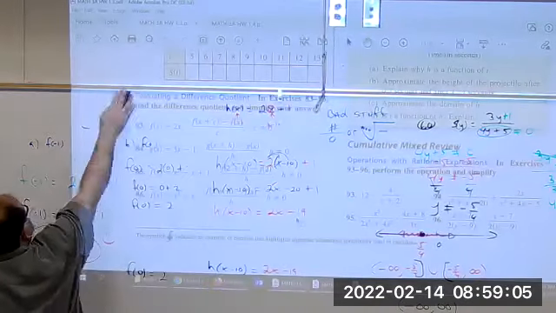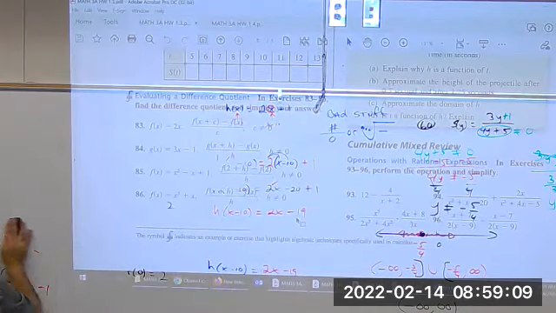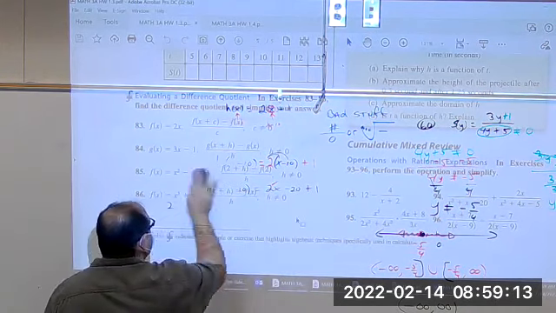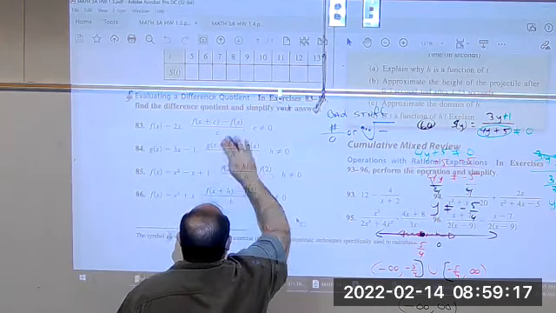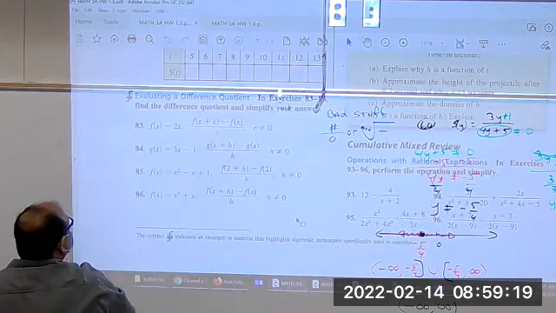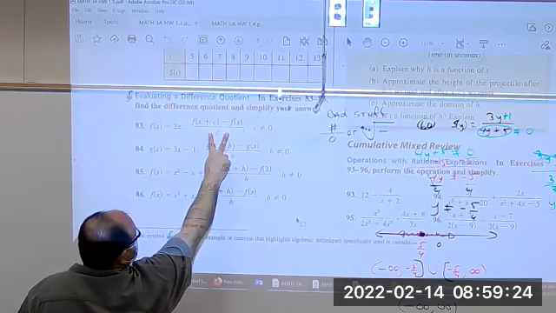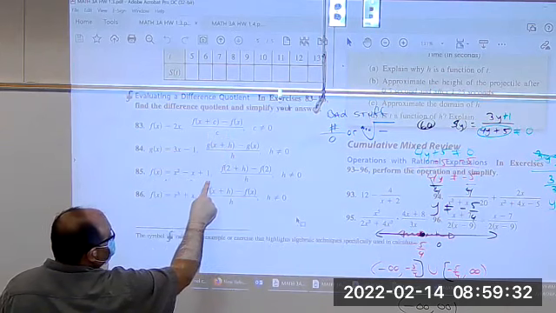Okay. These are difference quotients. You're supposed to make substitutions in 83. You're given this function, f of 2 times x, and they want you to plug this into it. Rewrite it using this notation. 85, f of x is x squared minus x plus 1.